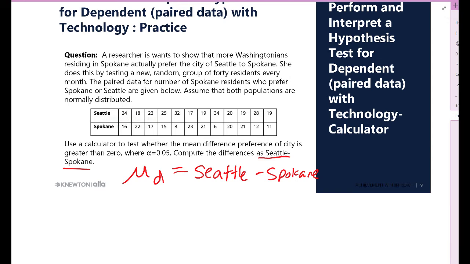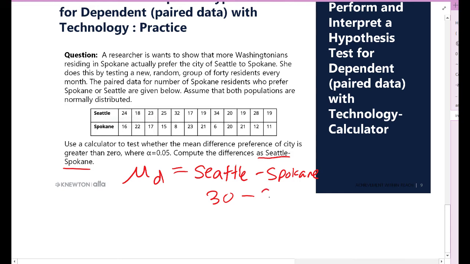And so if we're trying to test if more people like Seattle than Spokane, then that means we need this difference to be something positive. An easy way to check this is to plug in some numbers that follow what they're claiming. If I'm saying that Seattle is more than Spokane, say Seattle is 30, then Spokane has to be a number smaller than 30.